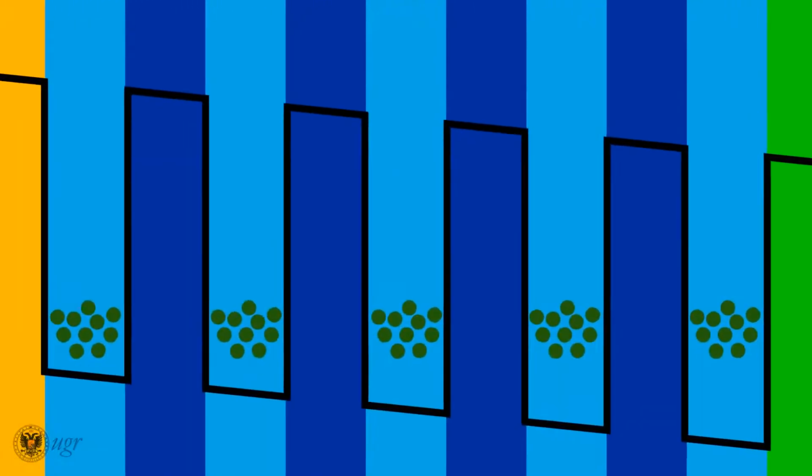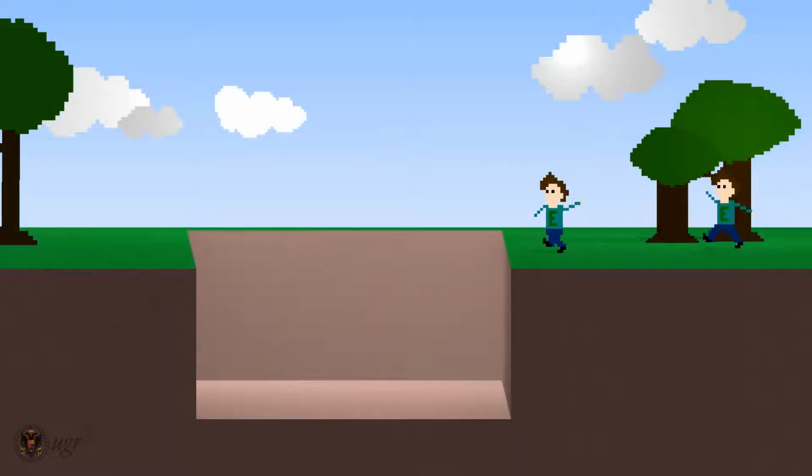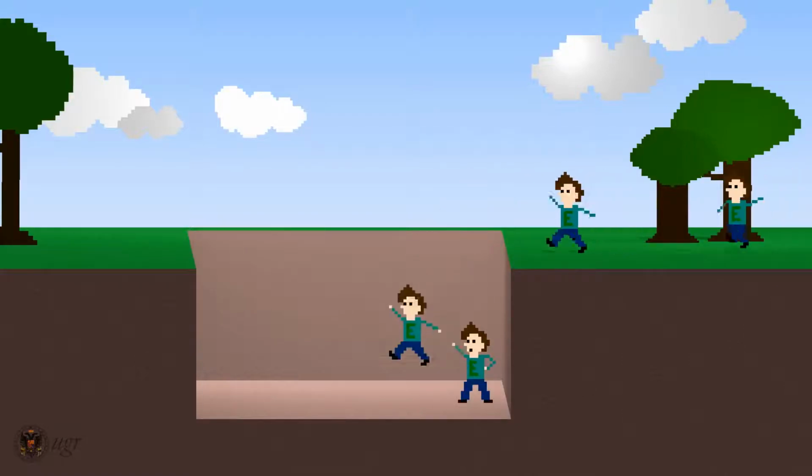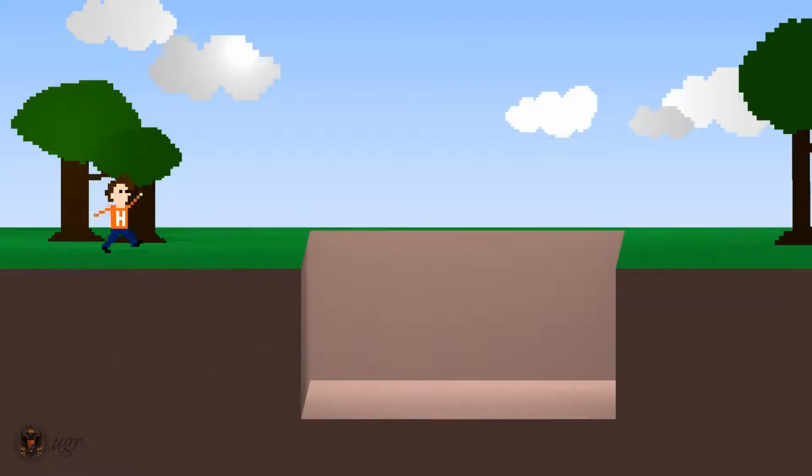Electrons tend to occupy the lower energy levels available in these layers. Therefore, that region becomes a kind of well for electrons because they have lower energies in it than in the surroundings. Once they are inside, it is relatively unlikely to escape because they would need extra energy for that. Holes, considered as the absence of electrons, behave in the opposite way.